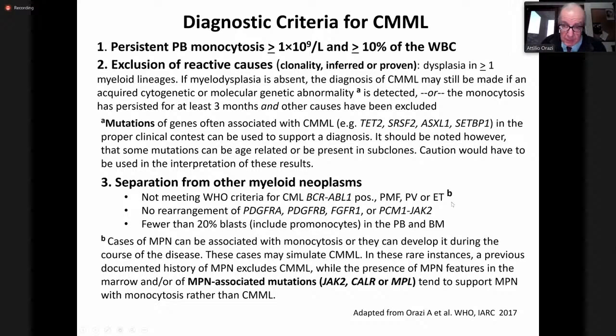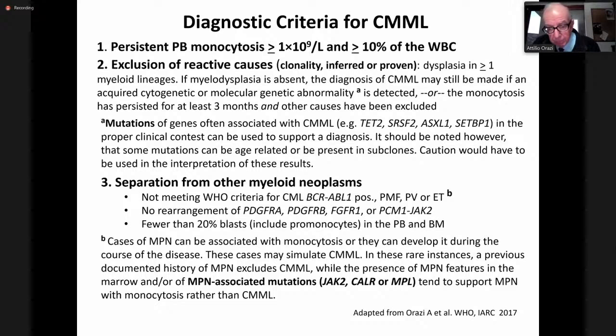Now, there is another asterisk in the WHO, the B. And B explains exactly the concept I was telling you before, that you use the mutation to see if it's consistent with CMML. So in A, use the mutation to prove clonality, okay? In B, use the mutation to say, well, it's probably CMML. For example, if you're looking at the possibility of a myeloproliferative disease with monocytosis, most likely, if you are right, the patient will have a JAK2, calreticulin, or MPL mutation.